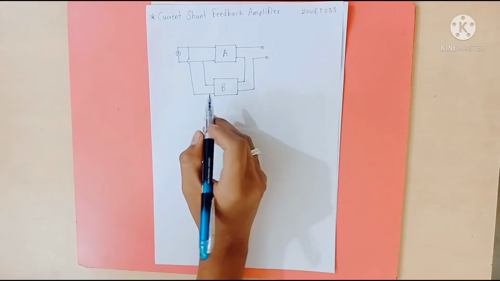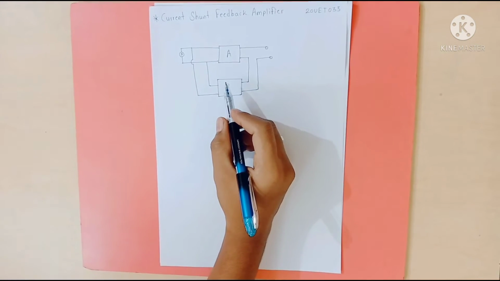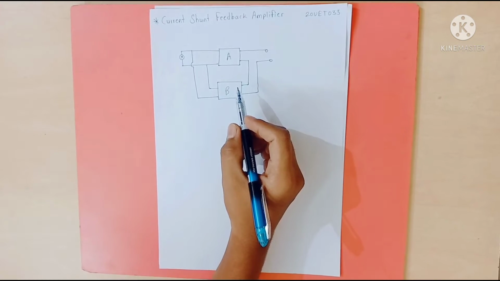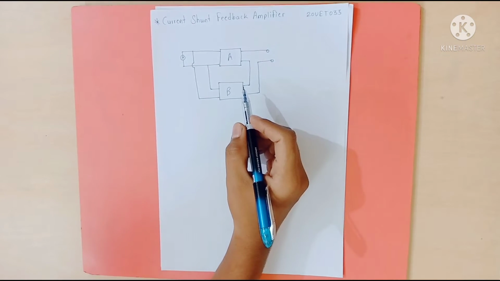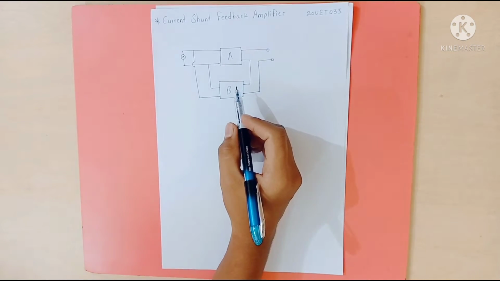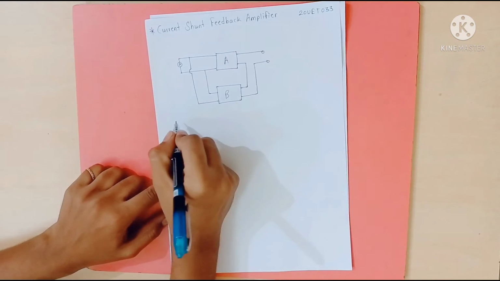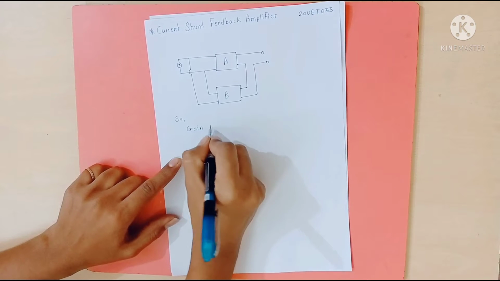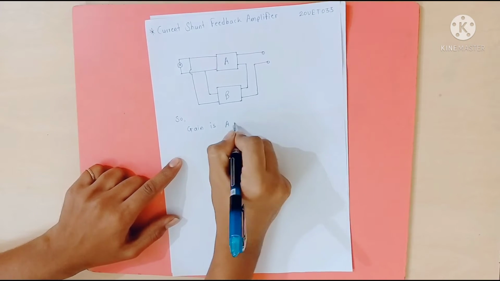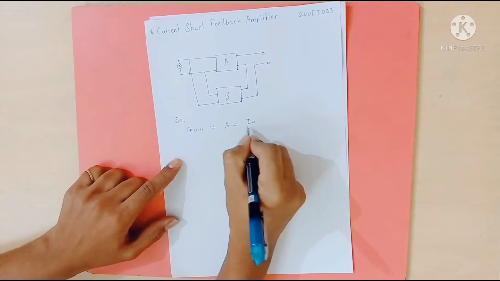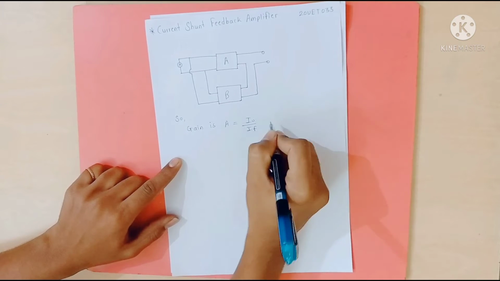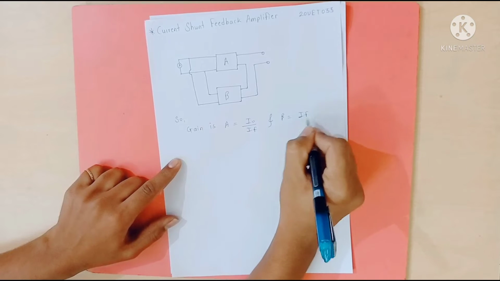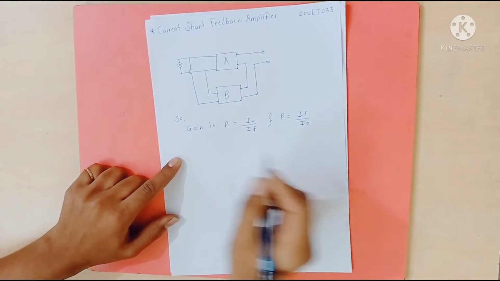Here we can see the diagram of feedback amplifier. Here there are two terminals A and B. So here it is the current amplifier. So gain A equal to IO upon IF and beta equal to IF upon IO.